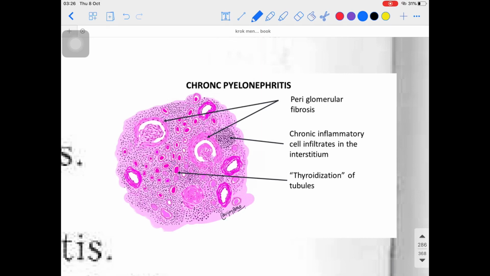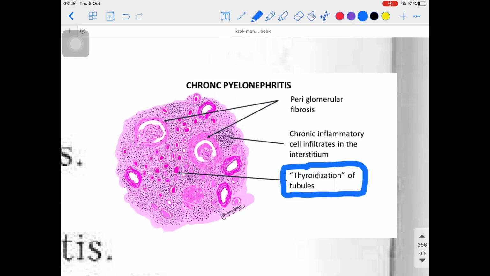What I want to show you over here is the thyroidization of the tubules. This is thyroidization of the tubules. It is seen in chronic pyelonephritis, and this is the finding which we appreciate in the tubules region. In the last concept I told you about acute tubular necrosis, where the epithelial cells of the PCT were undergoing necrosis.